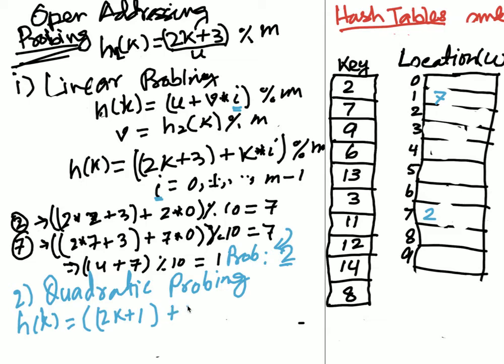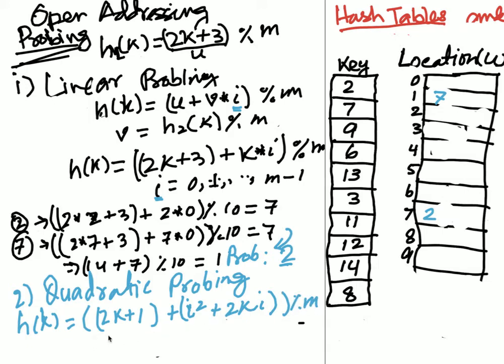For instance, you can say i squared, with or without k, i squared plus maybe 2ki, and then your total will be modulus m.